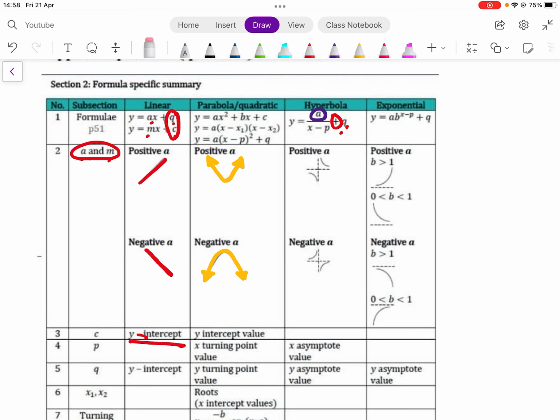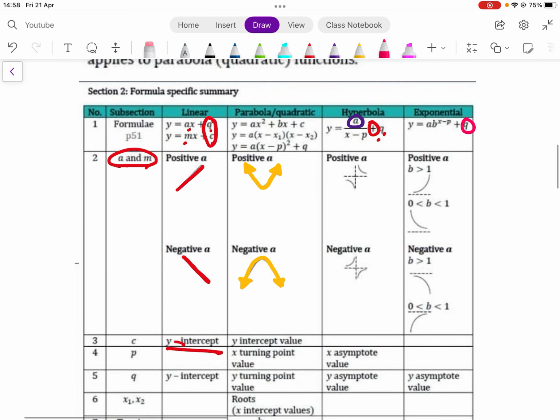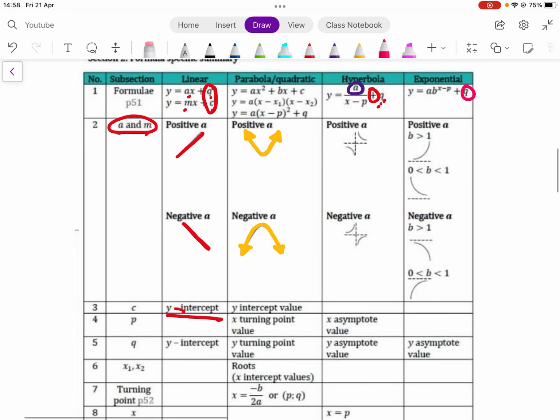Q is not an asymptote value. It's instead, yeah, it is actually an asymptote value. Let me not lie to you. Q is actually an asymptote value, the horizontal asymptote value, as it is the case in hyperbolas. It is the horizontal asymptote value.